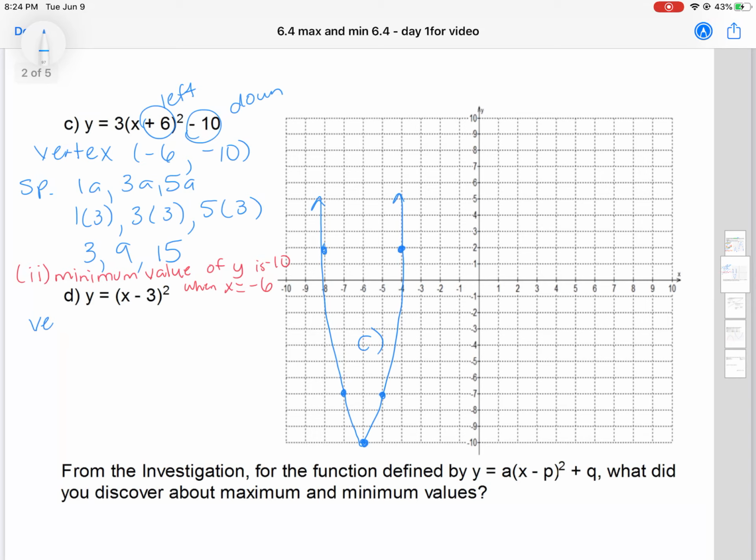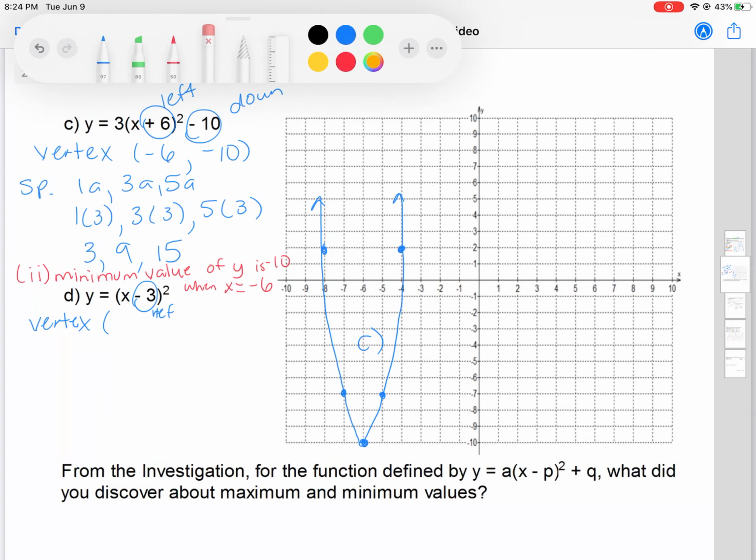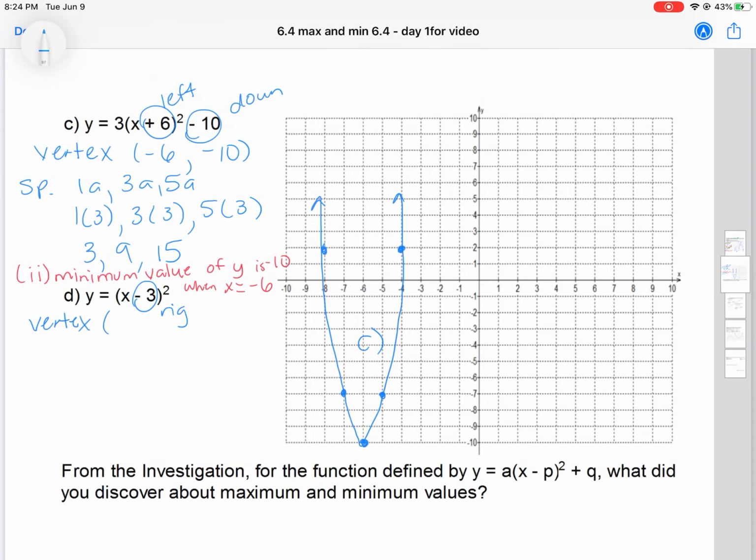So here we have a vertex of... right, sorry. I started to write it and then I changed it. This time you're going to go right 3, but there's no value outside there.